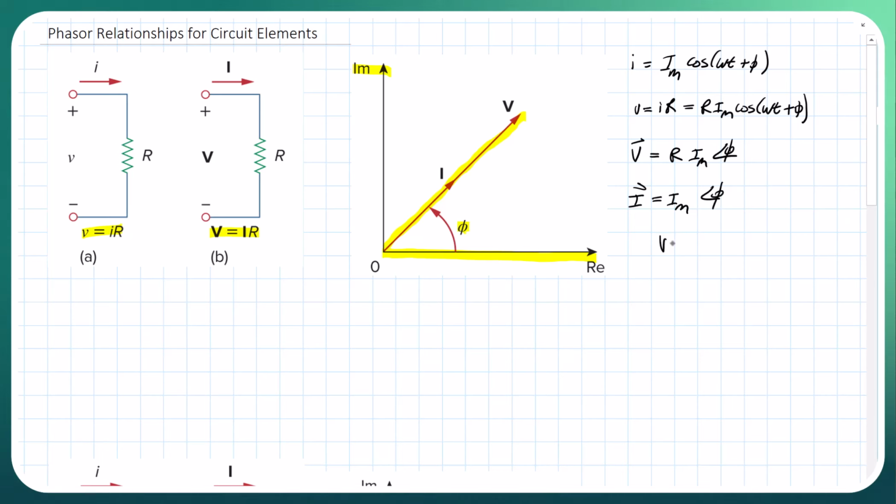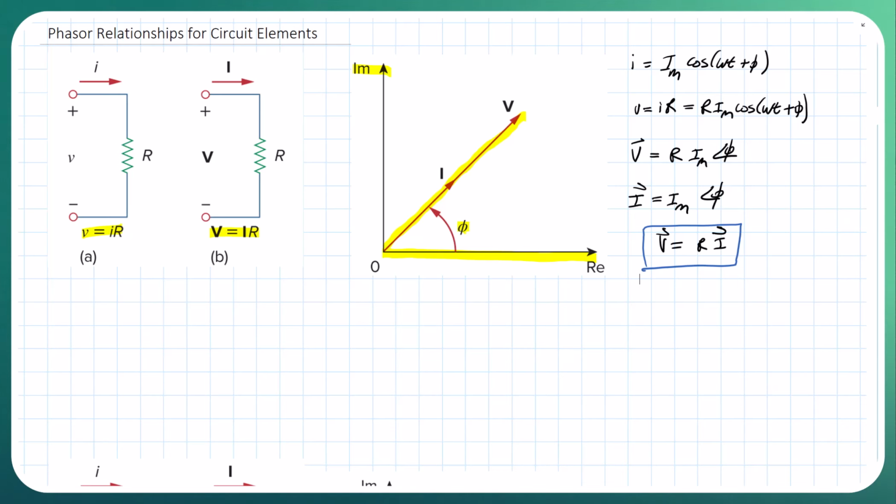So that's how we come up with the V vector for our resistor, and then I as a vector. That's how we came up with this relationship here. So that's a simple mapping between our time domain and our frequency domain.